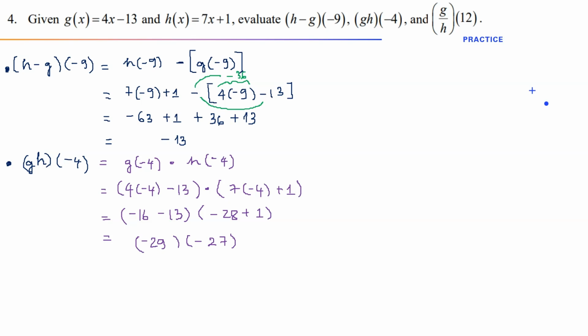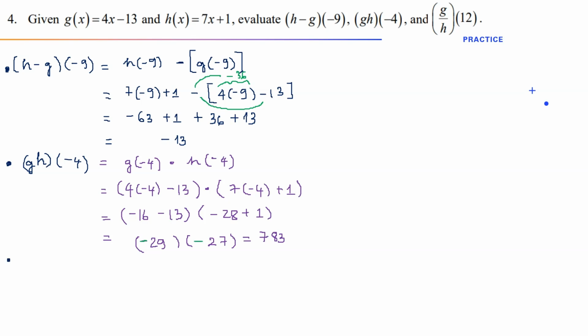And this equals 783. First of all, we know that a negative times a negative will make it positive. That negative and negative make it positive. Okay, so we just take 29 multiplied by 27.